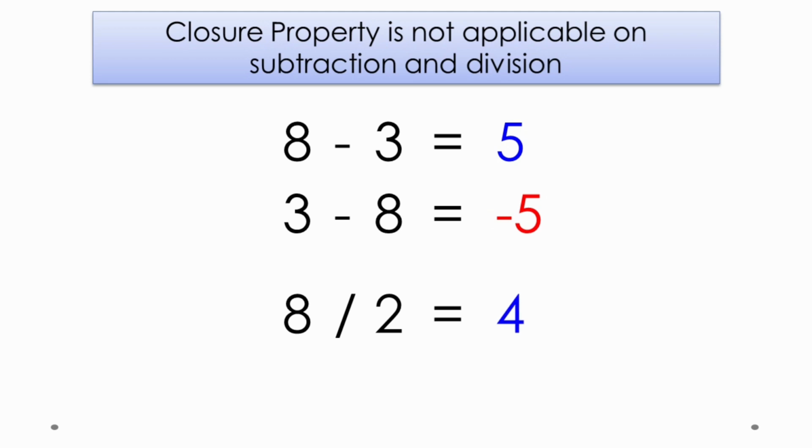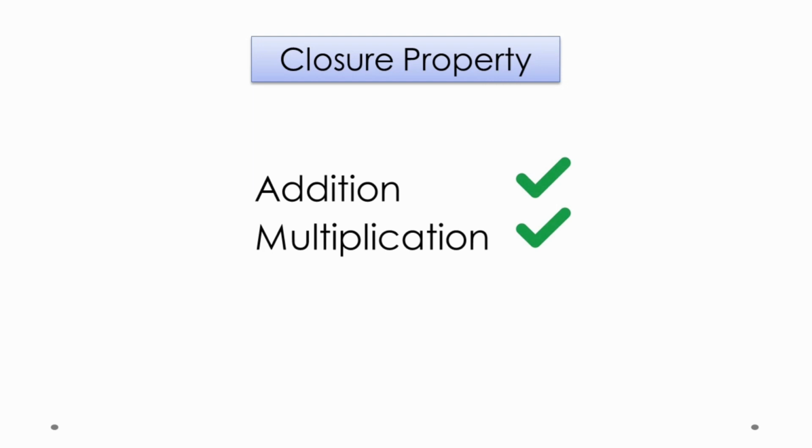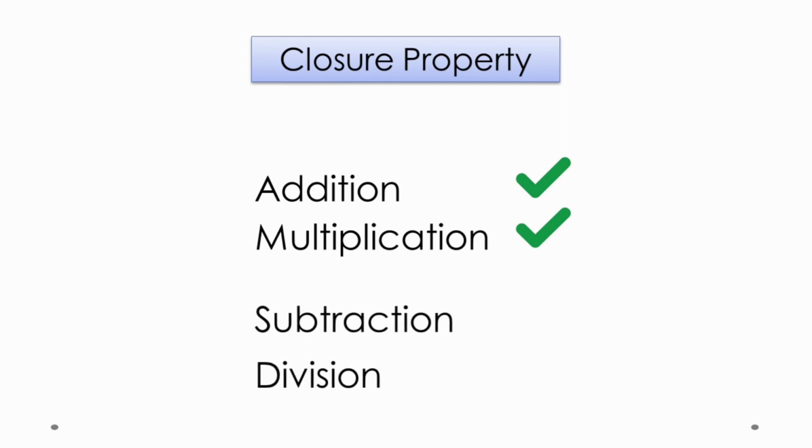But if we divide 9 by 2, the result is 4.5, which is not a whole number. So we have seen that closure property works in addition and multiplication as we get whole numbers as a result. But in case of subtraction and division, we may or may not get whole number as a result. So the closure property is not applicable on subtraction and division.